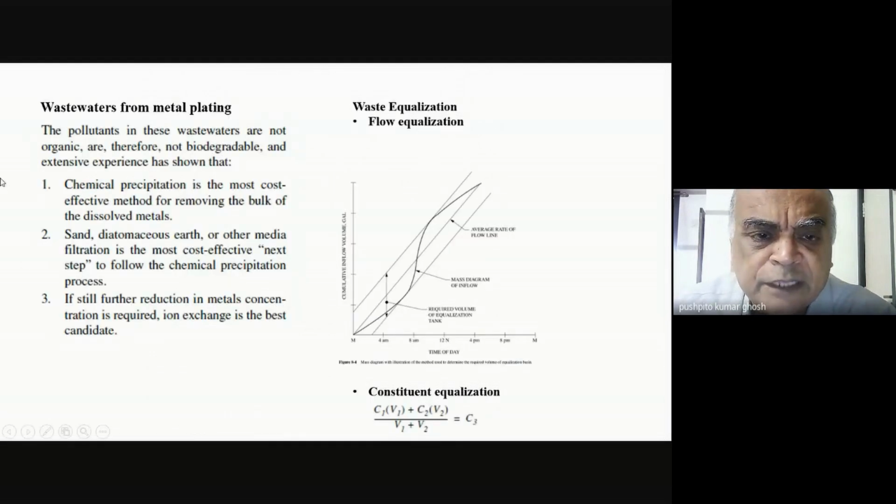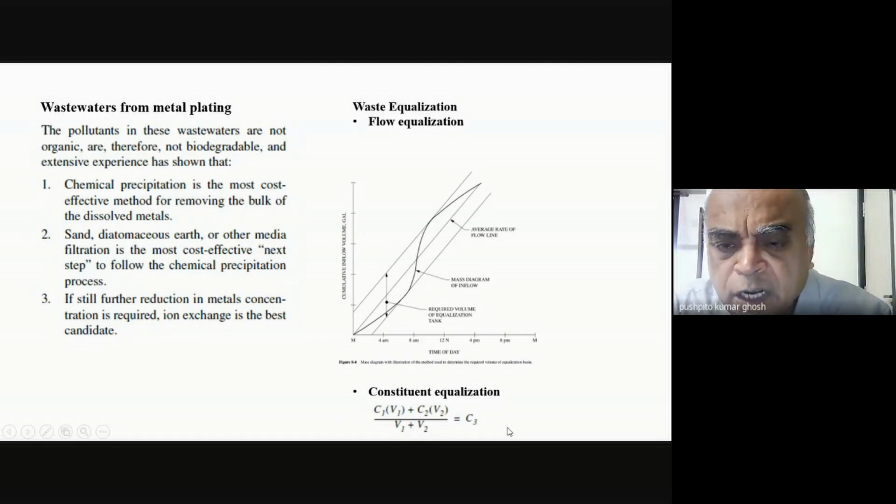Now, this is another very important thing to remember: when you are designing an effluent treatment plant, remember that there are certain microbes which are really the ones chewing up the contaminants when they are biologically degradable.